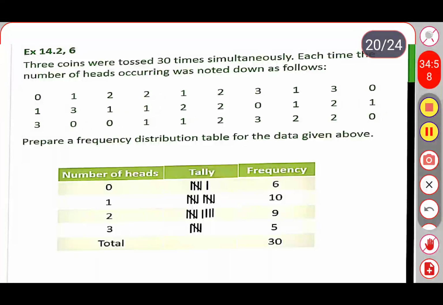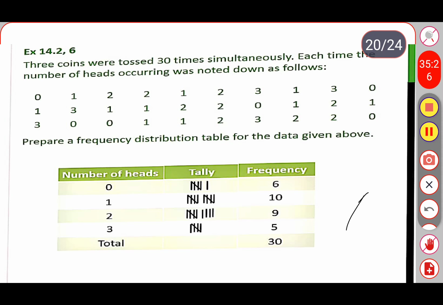The next question is, 3 coins were tossed 30 times simultaneously. Each time the number of heads occurring was noted down as follows. Once a coin is tossed, we will get two outcomes, either head or tail.